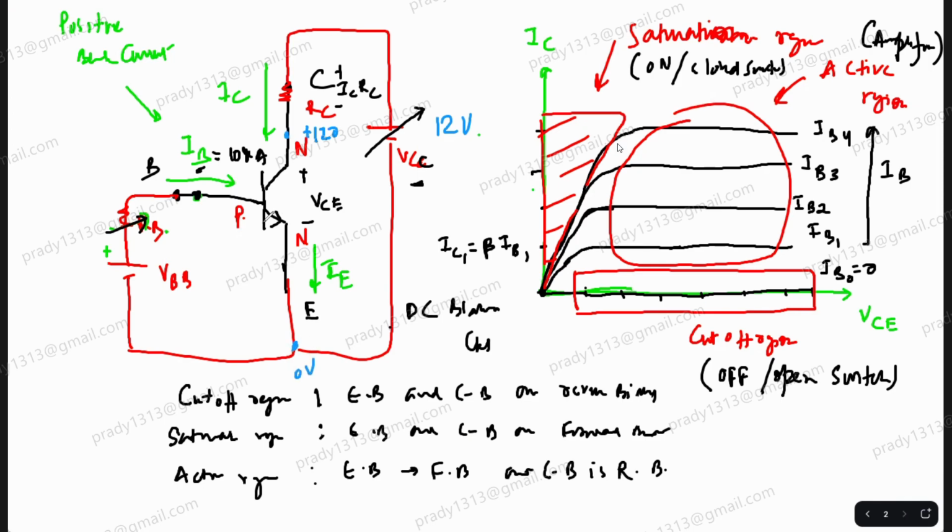Yes, if there is no current, and let's say this is 2 volt. So if this is at 2 volt, no current is flowing, and this is at 12 volt, the collector base junction is forward biased or reverse biased? Your P is at 2 volt, your N is at 12 volt. Is it forward bias or reverse bias?